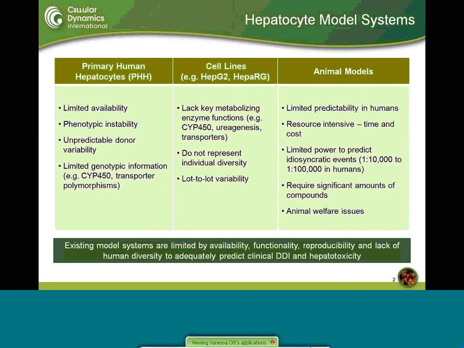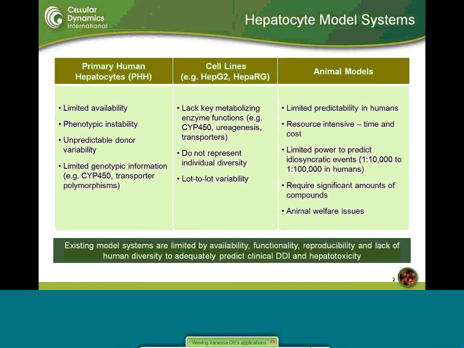And of course, animal models are widely used, but have the limitations of species differences and being able to extend the study of an animal model to human outcomes. The use of animal models is resource intensive, with a lot of time and cost put into using these models.